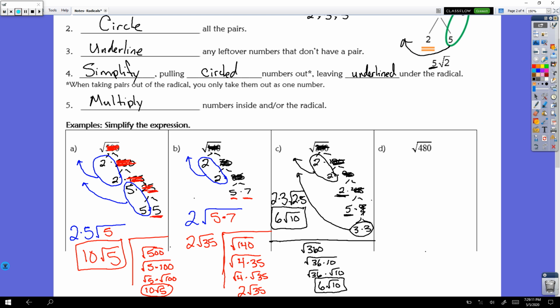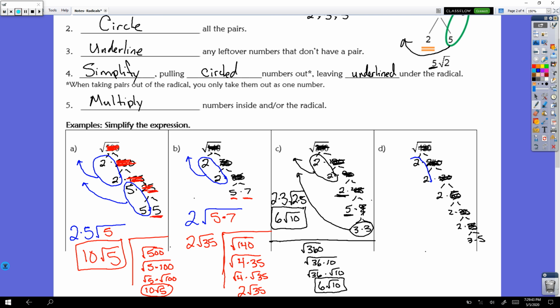Alright, last example here. Let's break it down. We have 2 times 240, 2 times 120. 120 becomes 2 times 60. 60 becomes 2 times 30. 30 becomes 2 times 15. And then 15 becomes 3 times 5. So this one has multiple groups of 2, right?